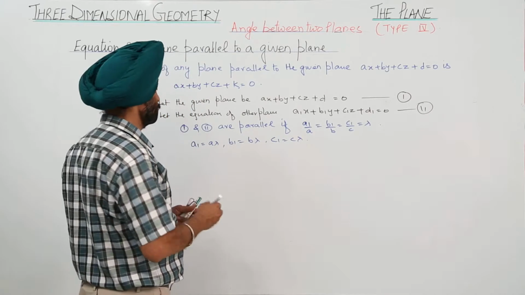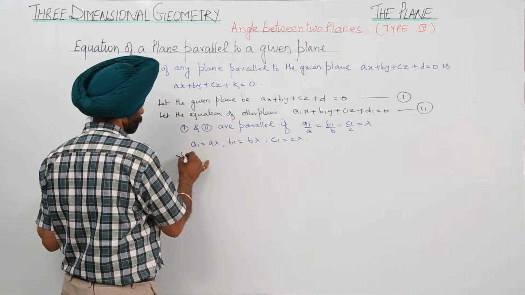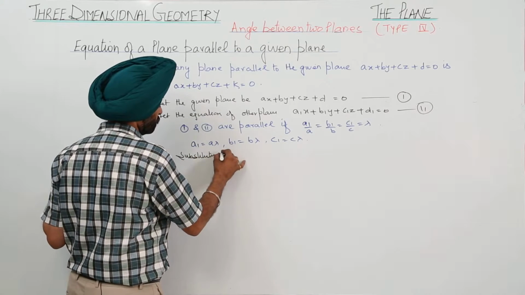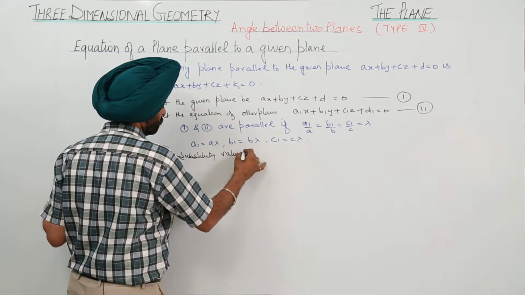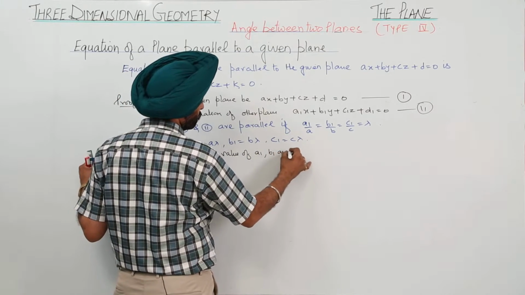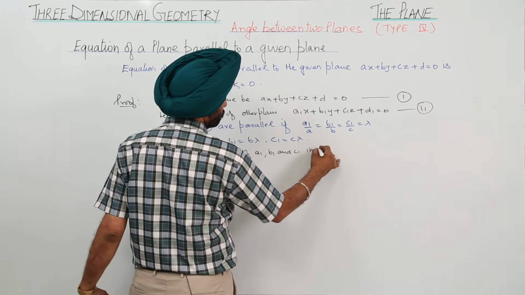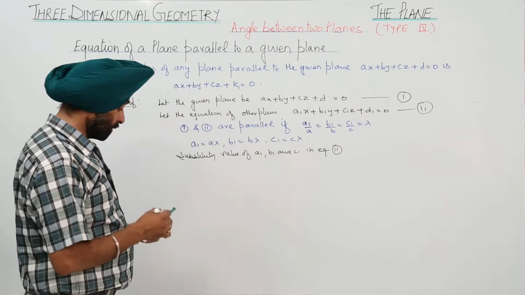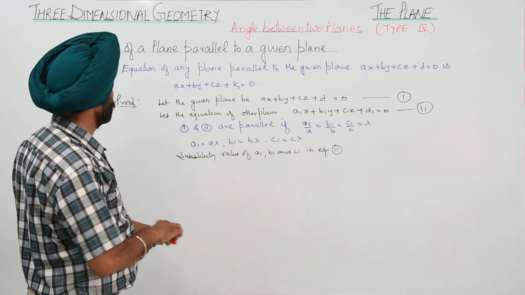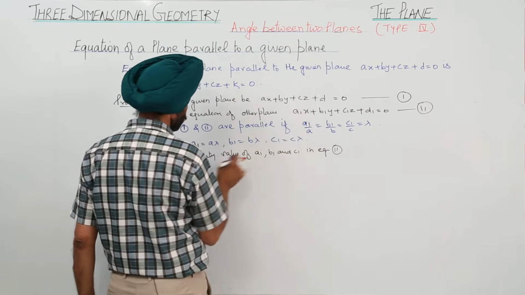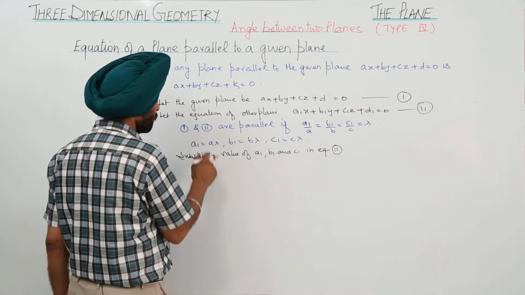Now substituting the values of a1, b1 and c1 in equation 2. So what do we get when we substitute? In place of a1 we are going to write a lambda. Okay.